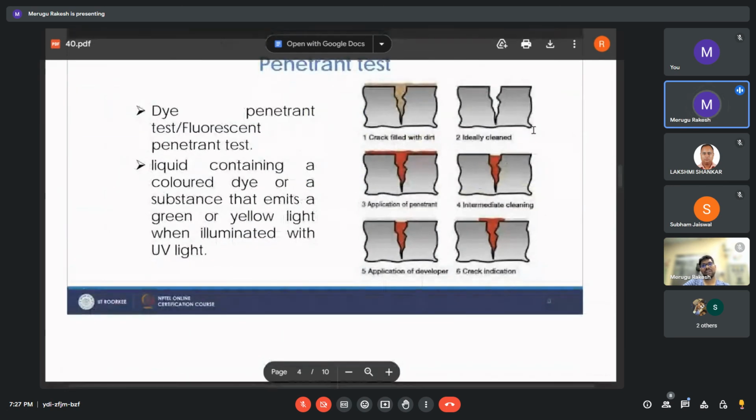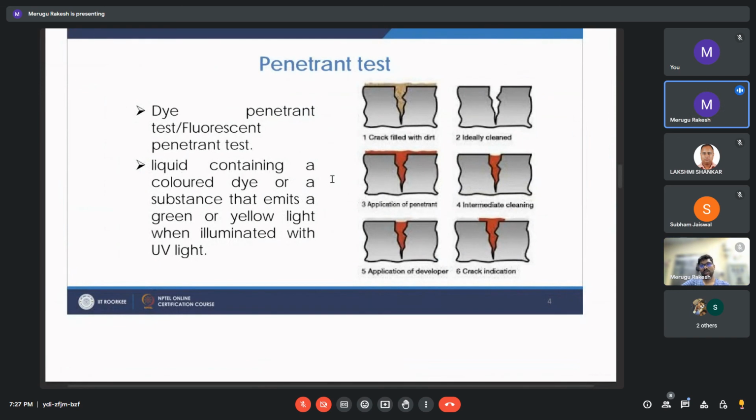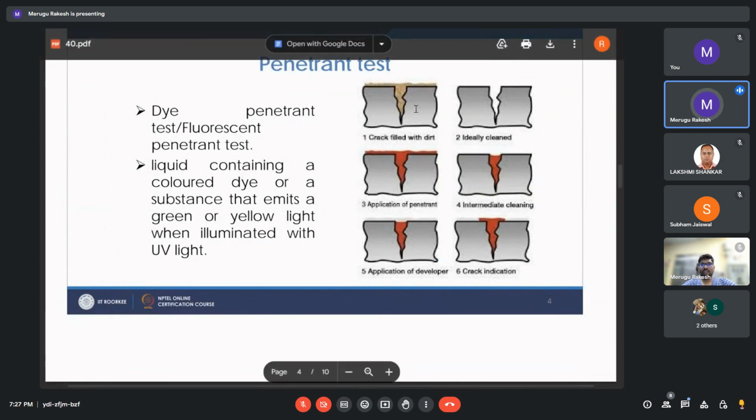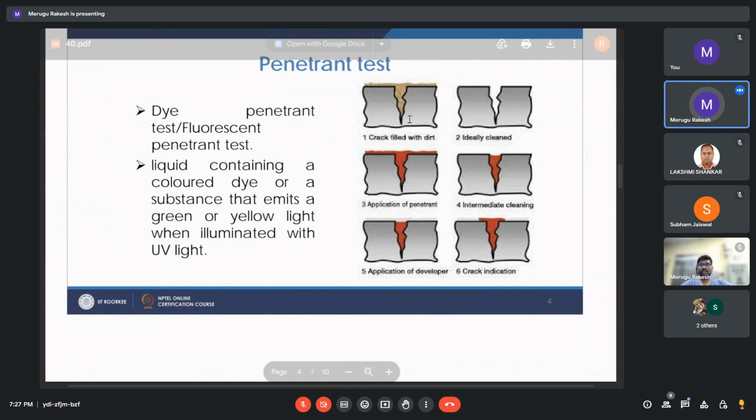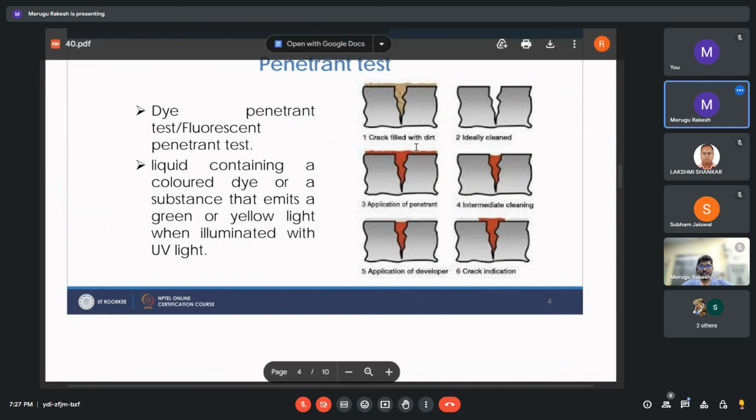Then we have the dye penetration test. This is also a very famous NDT technique. It is mainly applied to bearings, easily bearing bushes that you are going to cast. It is a very simple technique to follow. If you have a crack, first clean it with some solvents.